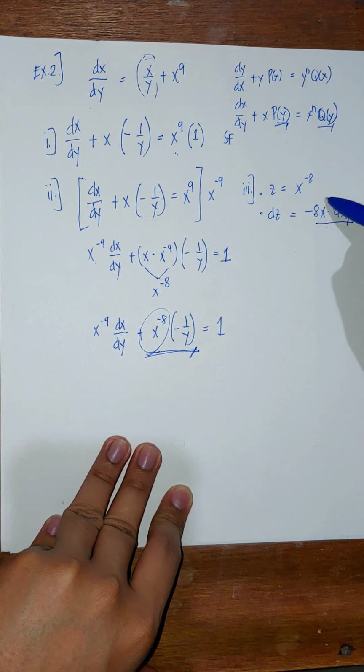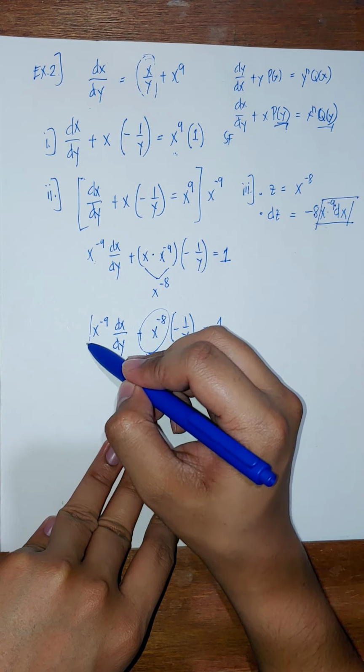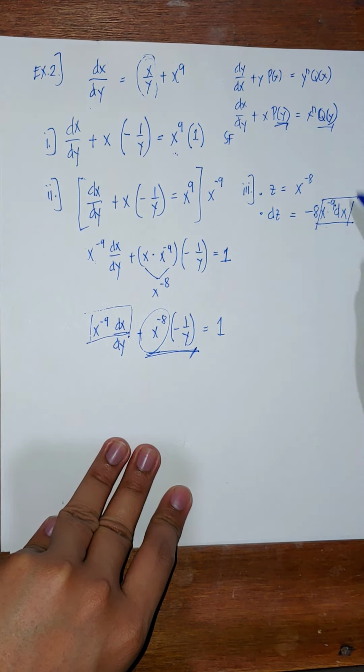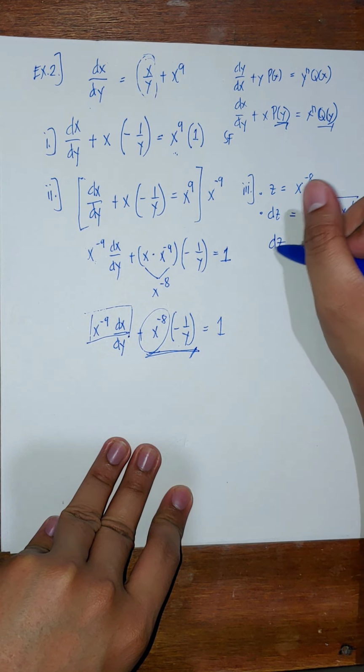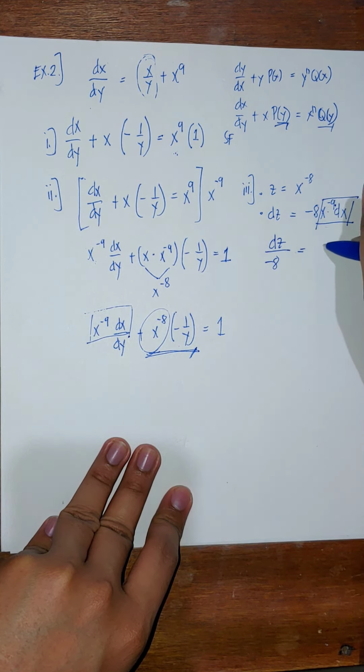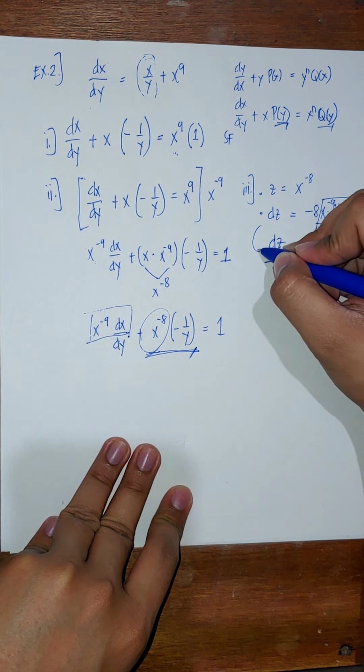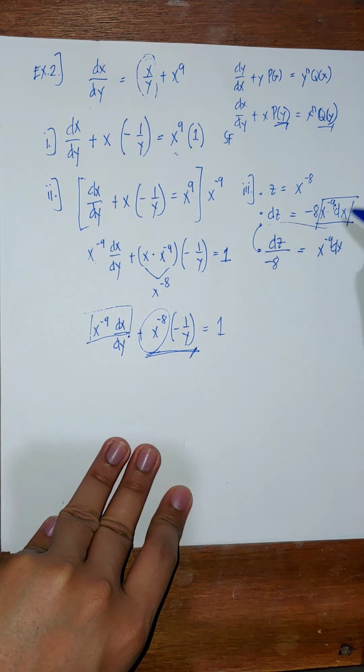Again, this side here looks similar to this. So we substitute, then we can come up with dz over negative 8 is equal to x to the negative 9 dx. This comes from the one above, this one.